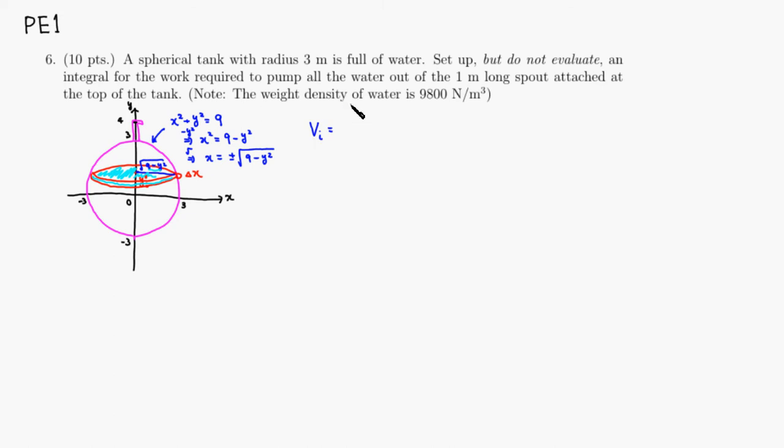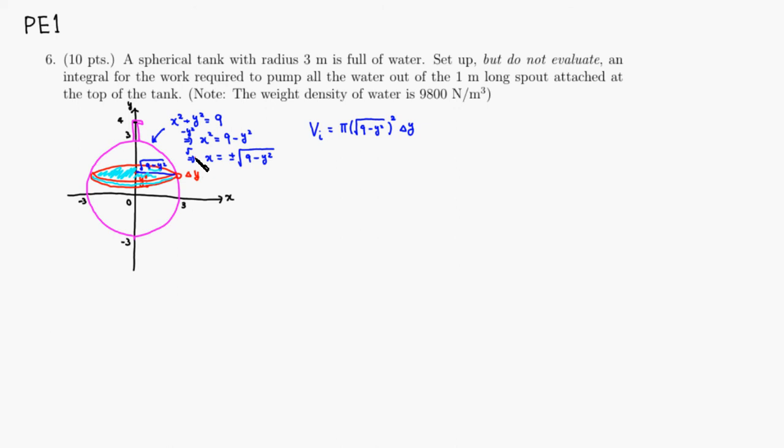So pi times the radius, the square root of 9 minus y squared, squared, times the width, which is delta y. Actually, I wrote delta x, didn't I? I meant this is delta y. That gives you the volume of the disc of water.